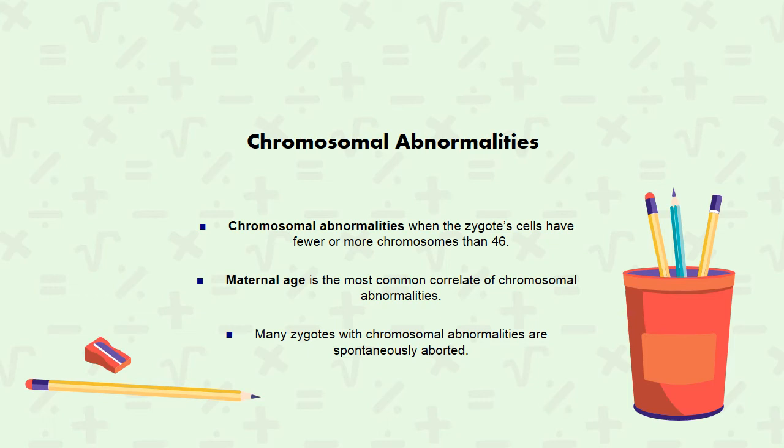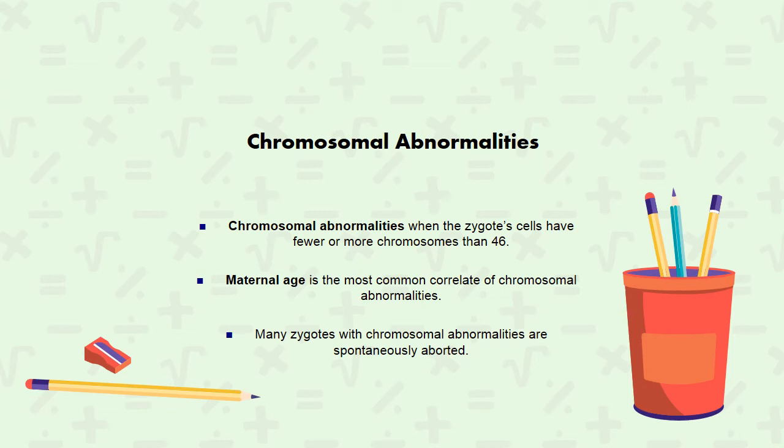An important aspect of genes is the chromosomal abnormalities, or we can say the genetic abnormalities. It happens when the zygote has less than 23 pairs of chromosomes, and the maternal age during pregnancy or during conception was more than the average age.